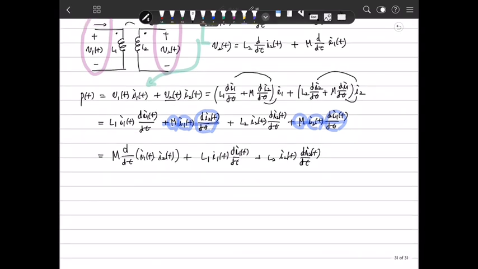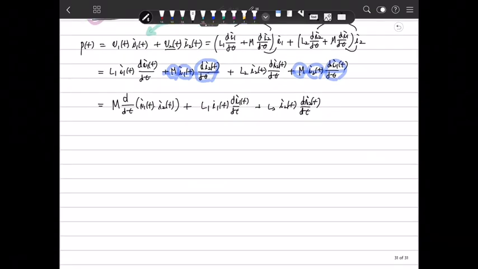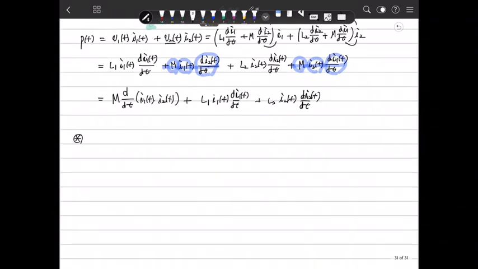So this is the instantaneous power in a coupled inductor. Then we need to know about the energy, and next we will discuss the energy here.